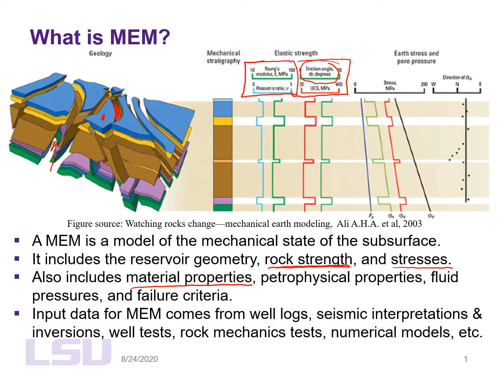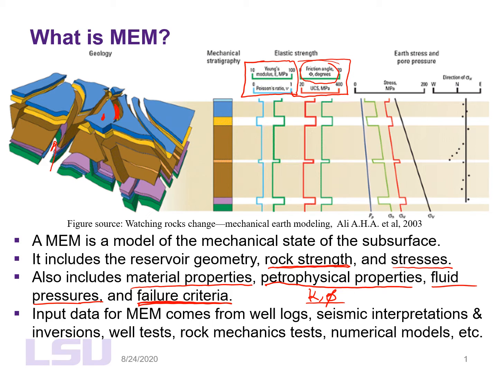Your mechanical earth model also includes petrophysical properties, which include permeability, porosity, these are standard reservoir engineering stuff, fluid pressure, which is your standard reservoir pressure, and the failure criteria, which could be fracture toughness, the value above which the rock fails.